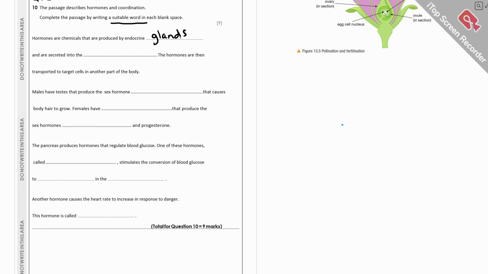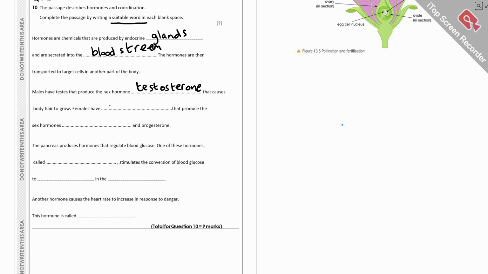They're also produced by organs or systems and are secreted into the bloodstream. The hormones are then targeted to the target cells in another part of the body, so they go all over the body. Males have testes that produce the sex hormone called testosterone. Testosterone causes body hair to grow.